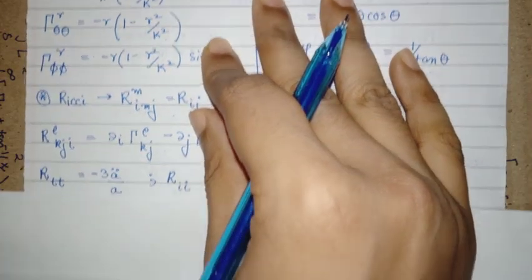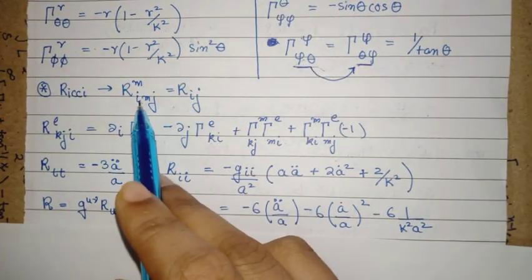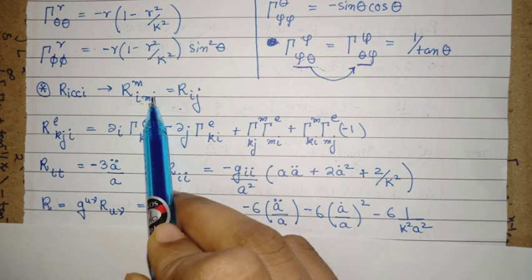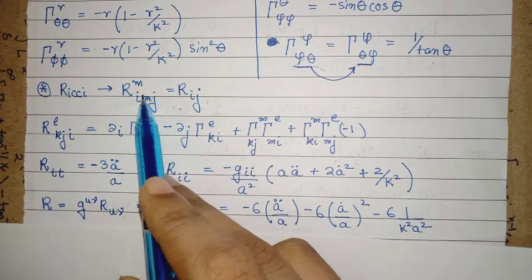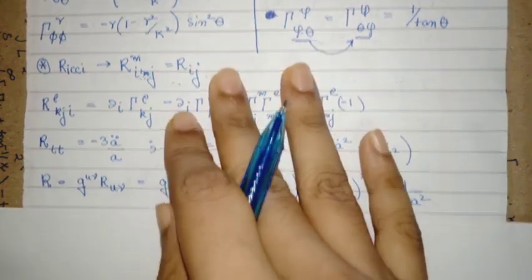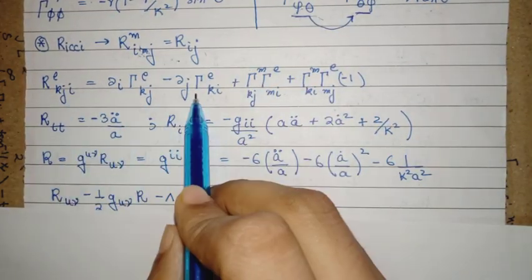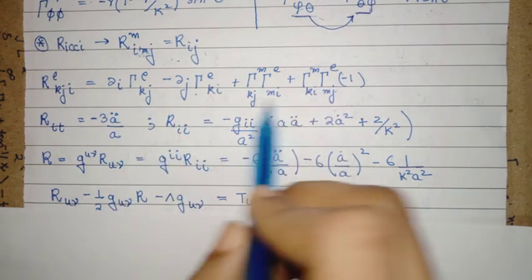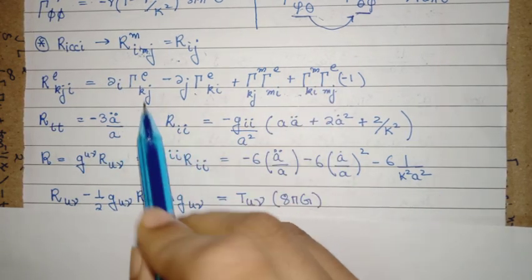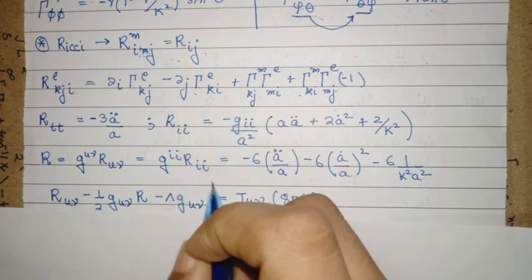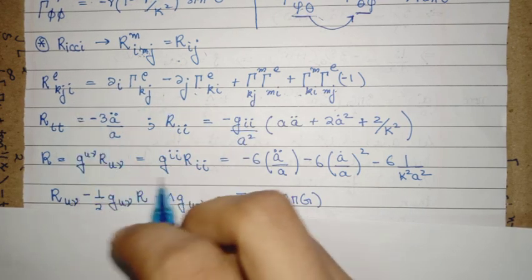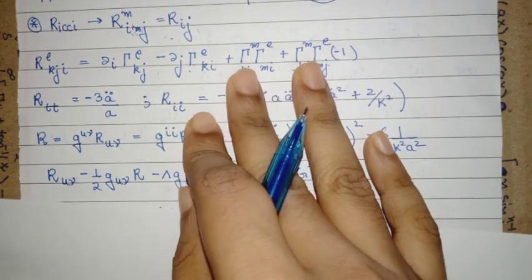So let's move on. The Ricci tensor is defined in this way, where you contract the Riemann curvature tensor in the central index, and the Riemann curvature tensor is described in terms of Christoffels using this, which I have also shown in one of my previous videos, the first video of GR on my channel.